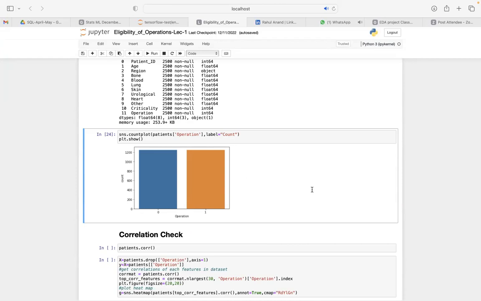But again, if it's 60-40 or 65-35, then obviously 10-15% you can balance by adding some more rows into the data. But if it's a large imbalance, then instead of doing it manually, you should go for a machine learning approach.